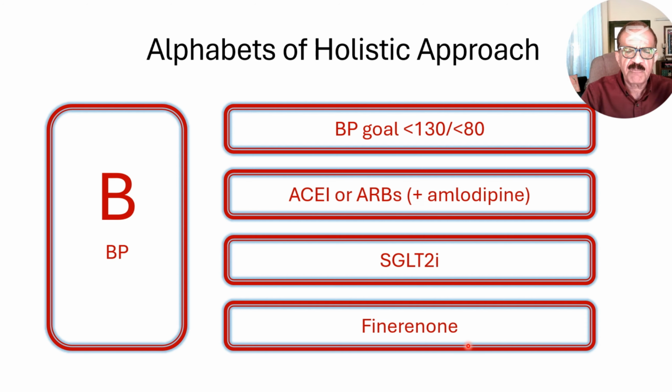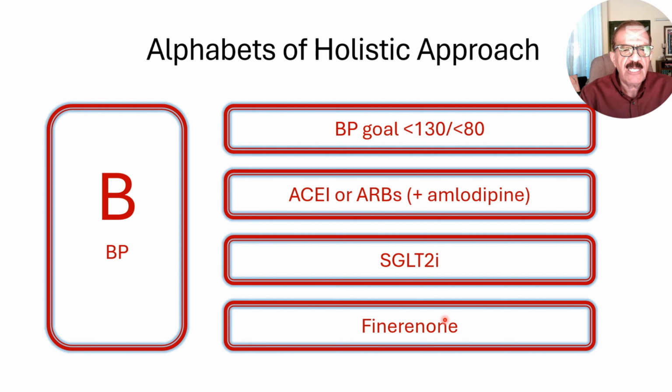Spironolactone is much more effective, but here I'm discussing it because finerenone has got some main benefits on diabetic nephropathy. So if somebody has diabetes and has got hypertension which is not controlled and has got a bit of nephropathy, I think finerenone can be added.